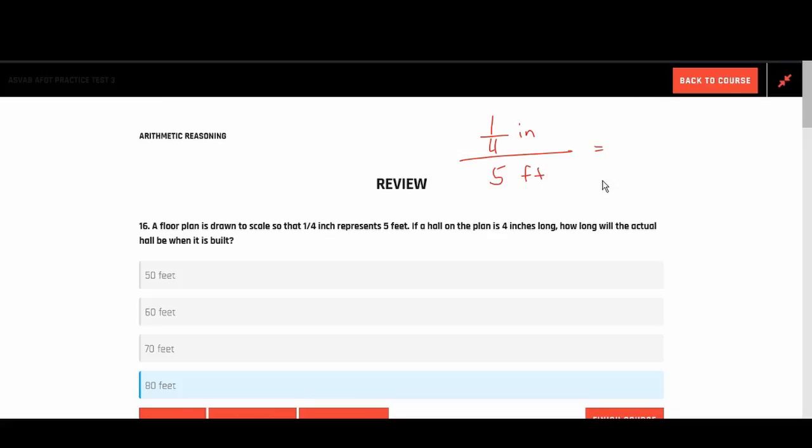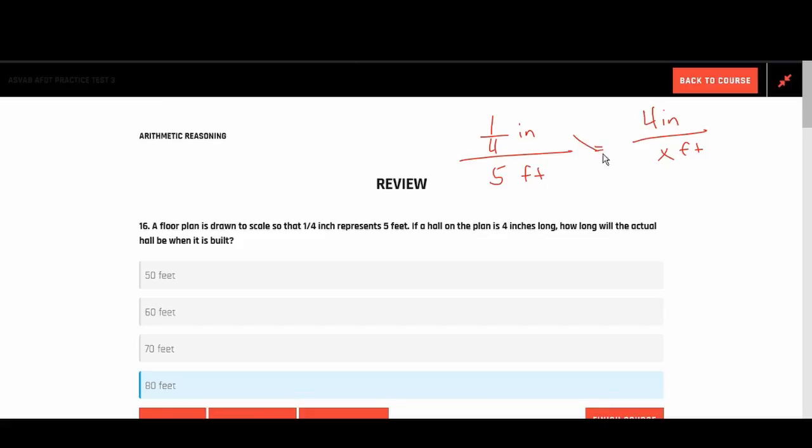We want to know how long the actual hall is going to be if the plan has the hallway at 4 inches. So again, we want to know how many feet the hallway is going to be. And again, I kept inches in the numerator and feet in the denominator.